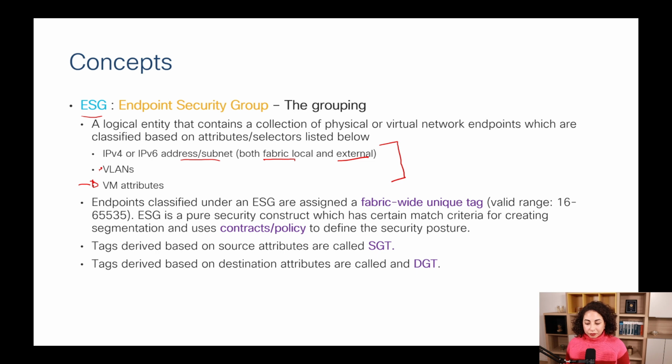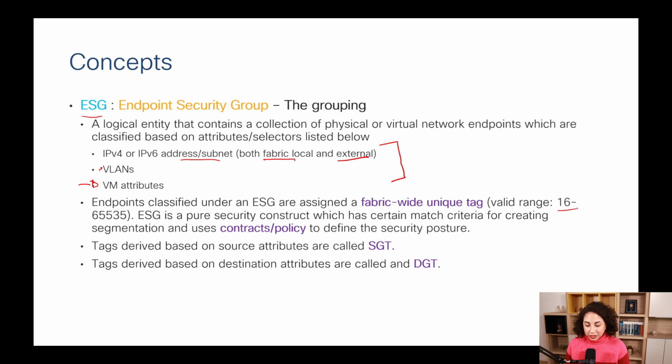So we can put all kinds of subnets inside security groups. It doesn't matter if the devices are directly connected to the fabric as workloads, servers or users, or if they come from the external world through a routed communication.